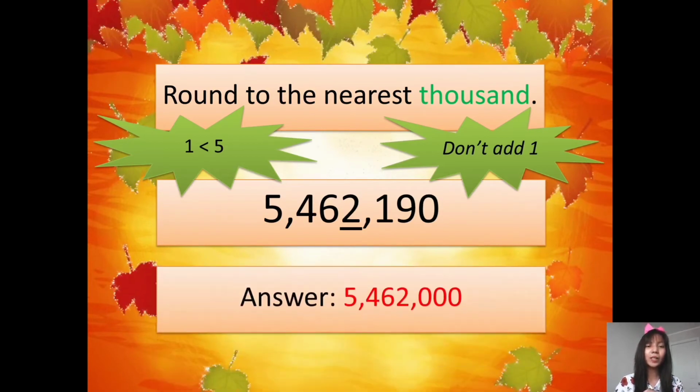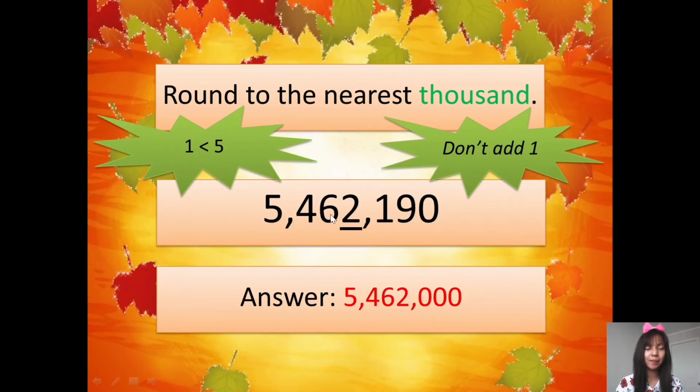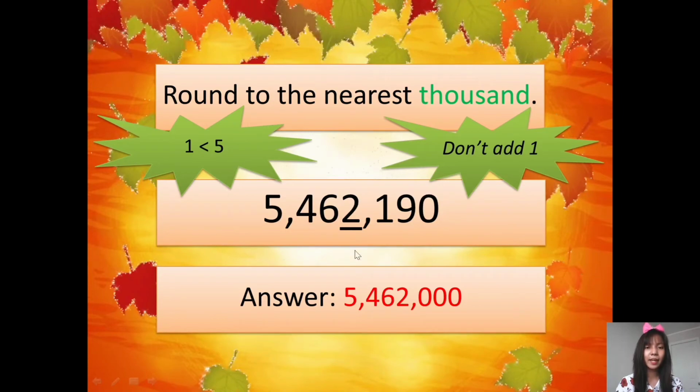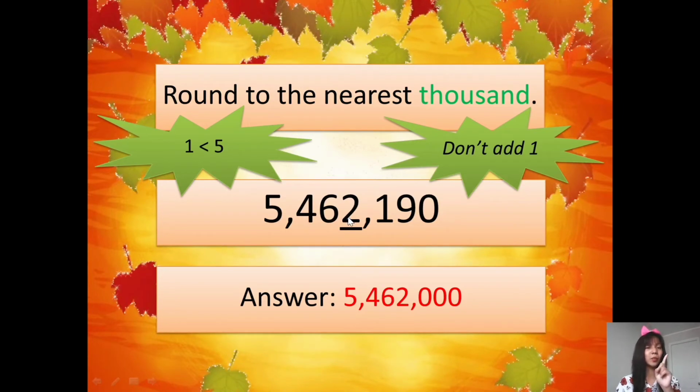So all the digits before this number, you just copy, they stay the same: 5, 4, 6, and then 2, since it will stay the same, so just write 2, and all the digits behind the 2, you have to make them all 0.